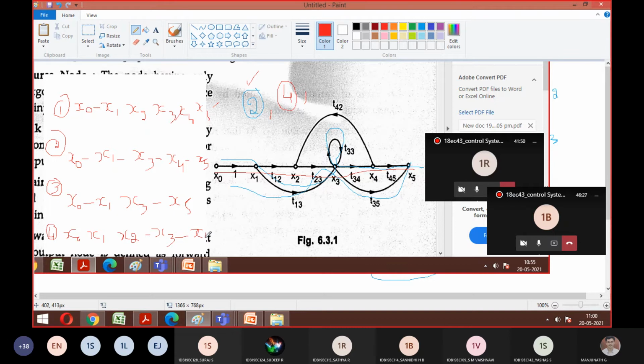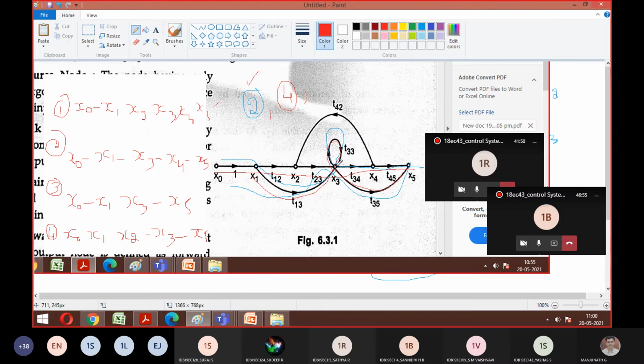What is one more thing you can make a note of here? See, I told you X0, X1, you're going in this way. You already traced X3, and if you go directly to X5, it's fine. But if you go in this manner, what is happening? You are not supposed to trace an already traced path.